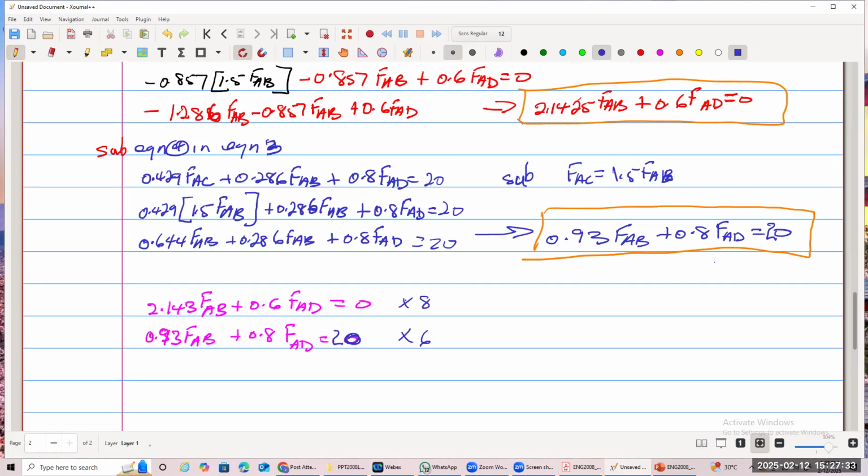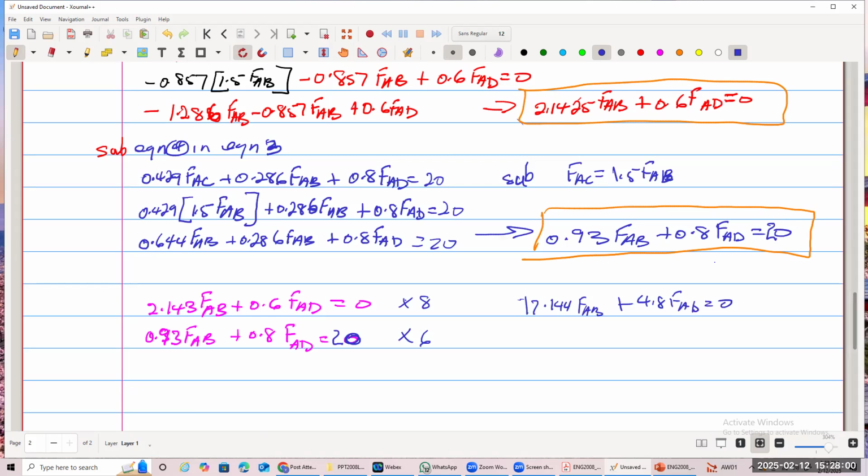So it's 2.143 times 8. You get 17.144 FAB plus 4.8 FAD equals 0. And the next one is the same thing, 6 times.